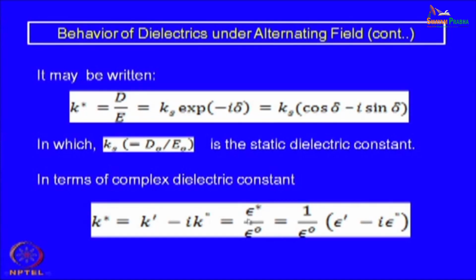In a DC field we do not use the complex permittivity, but in an AC field the same permittivity becomes a complex quantity with an imaginary term, and then we can write ε* = ε' minus iε''. Sorry, there is a little mistake, ε0 should be a subscript, like κs.